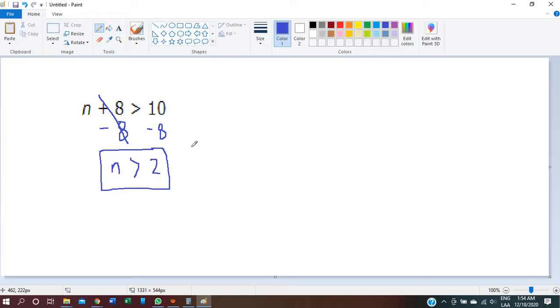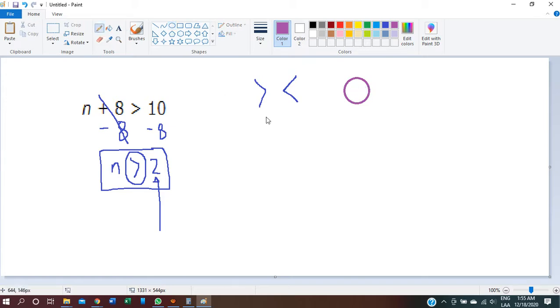Okay, so the important thing that we have to do is this number. So we have to choose number 2, but you have to be careful because we also have to pay attention to this symbol. If we have this symbol or this symbol, we need to use an empty circle.